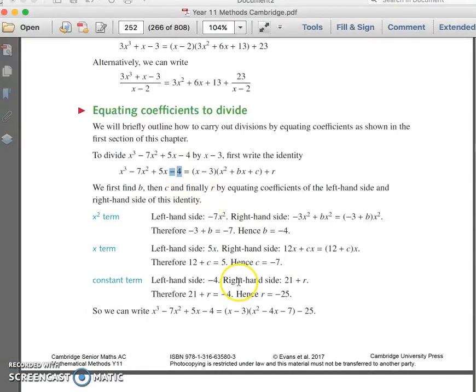But now we know what c is from the previous steps, so we can fill in c and work it out. And so we end up working out what b and c and r are, and that would be the same answer as if we did long division, and this was the quotient up the top, and this was the remainder. So that is an alternative to long division, and I quite like it. I think it's quite nice.